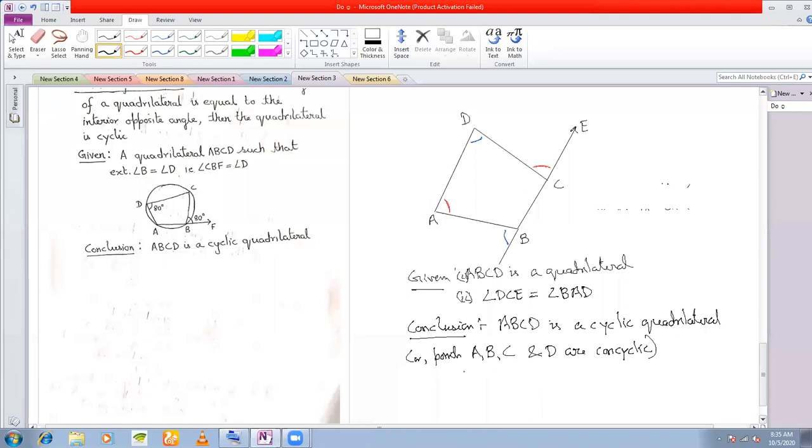Or what you can also say is that there is exactly one circle passing through A, B, C, and D.